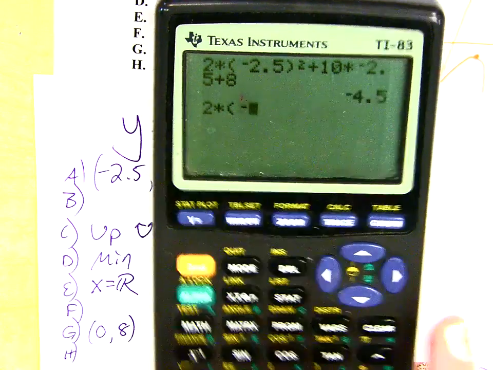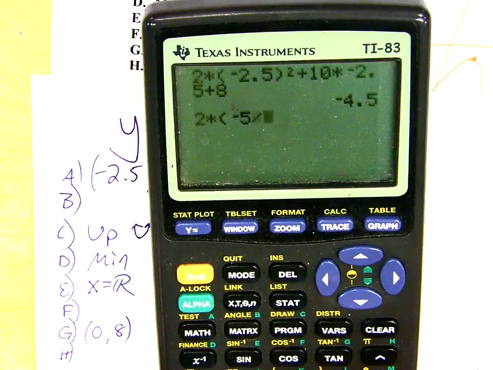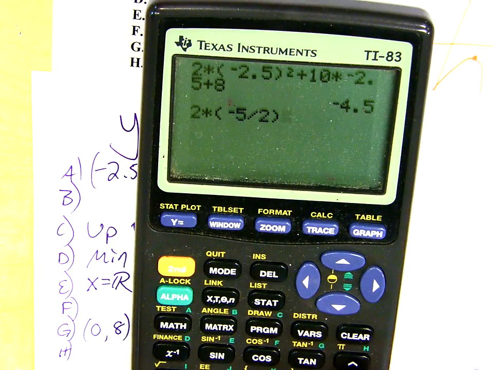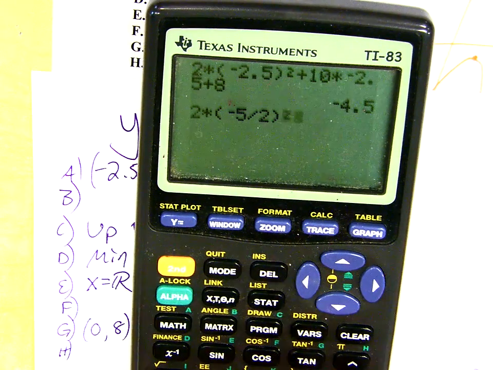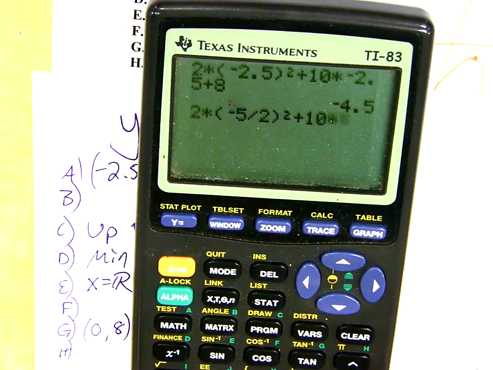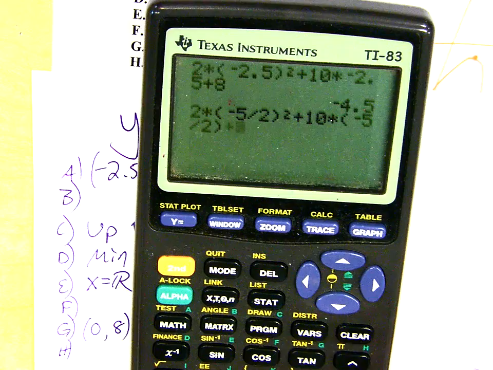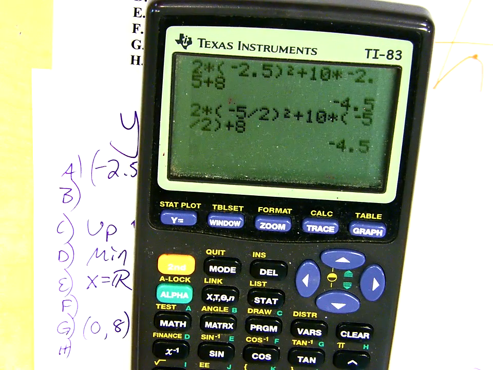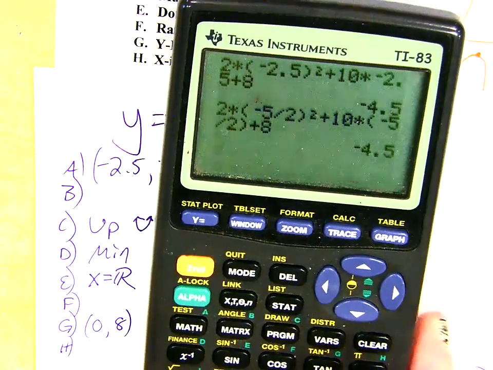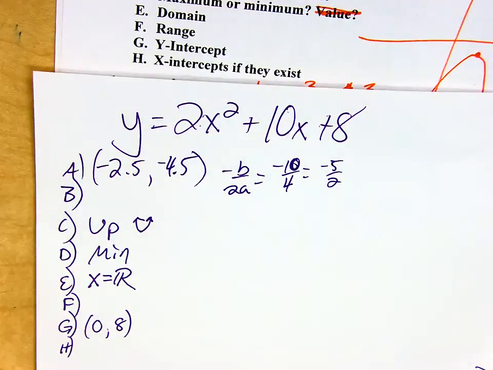You would just do negative 5 halves, and 5 halves is just 5 divided by 2 squared plus 10 times negative 5 halves plus 8. Same thing. Either way, doesn't matter. There you have it. So once you plug that in, that gets you the y coordinate of your vertex.